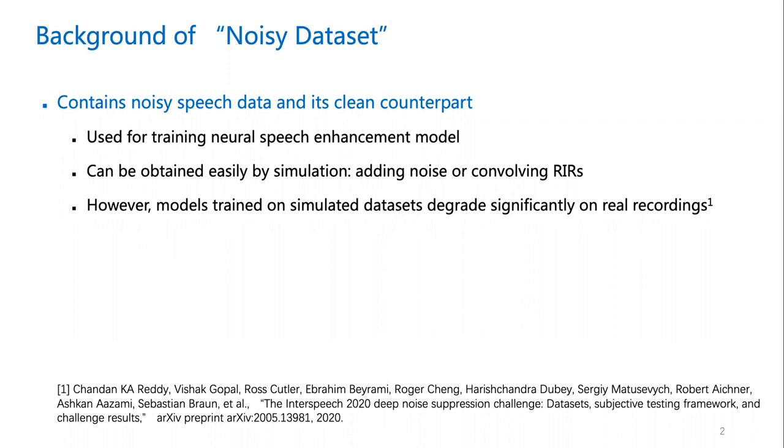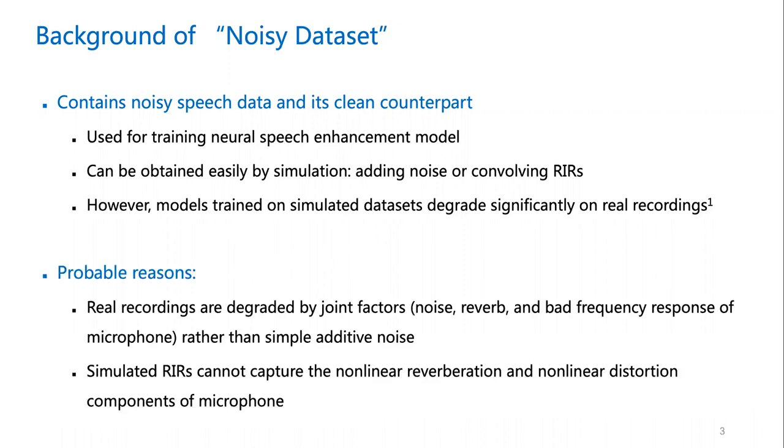Usually, we can easily obtain or generate such a noisy dataset by artificially adding noise and reverberation into a clean speech segment. But recently, researchers found that the models trained on such a simulated dataset will degrade significantly in real recording conditions. There are a few reasons.